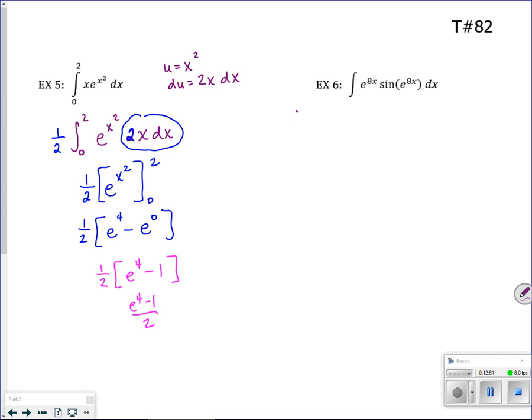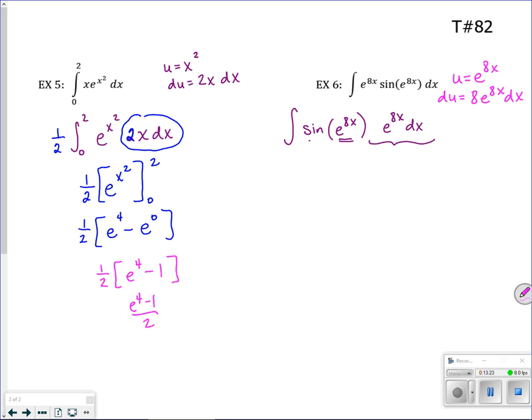I see the sine of e to the 8x. If I look at it that way, and this e to the 8x dx, I can integrate the sine of something as long as the derivative of that something is next to dx. Let my u be e to the 8x. So du would be 8e to the 8x dx.